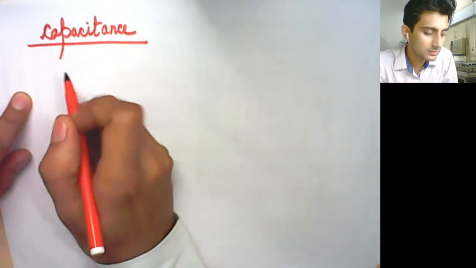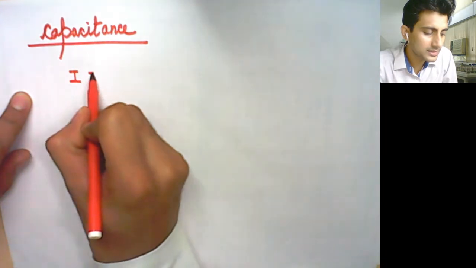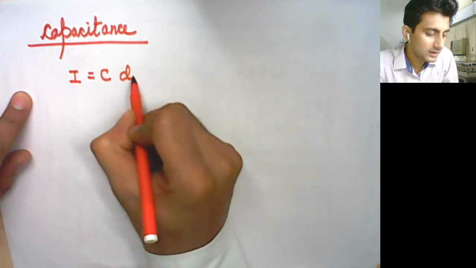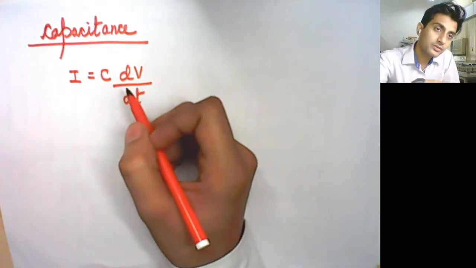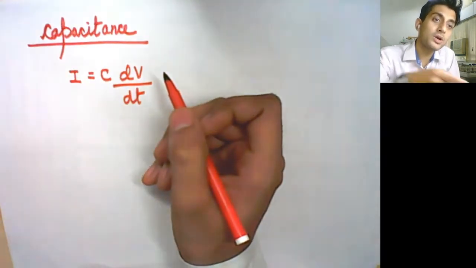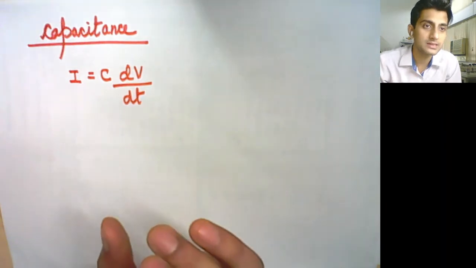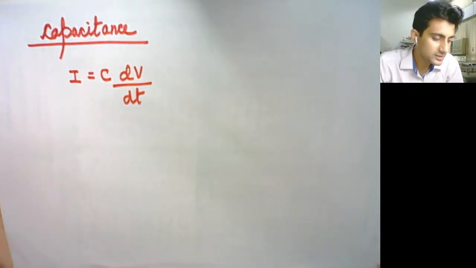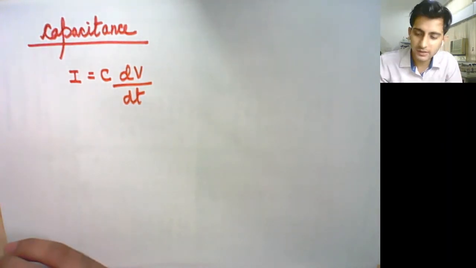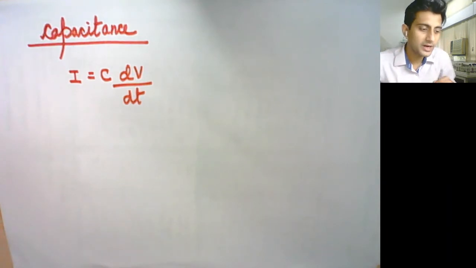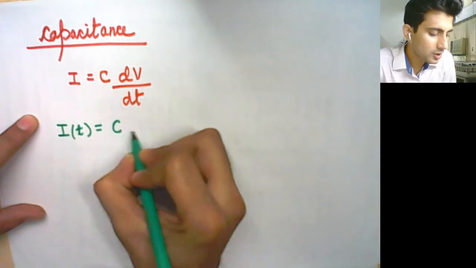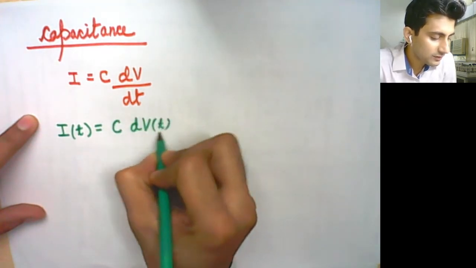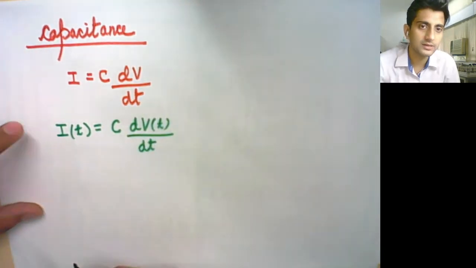You write current is equal to C dV by dt, where this current is the current flowing through the capacitance and this voltage is the voltage across the capacitance, nothing else. Fine. So we write it in this form, I is equal to C dV by dt. To be more elaborate, I here is a function of time, C is a constant, V here is a function of time, and we are taking the derivative of it.